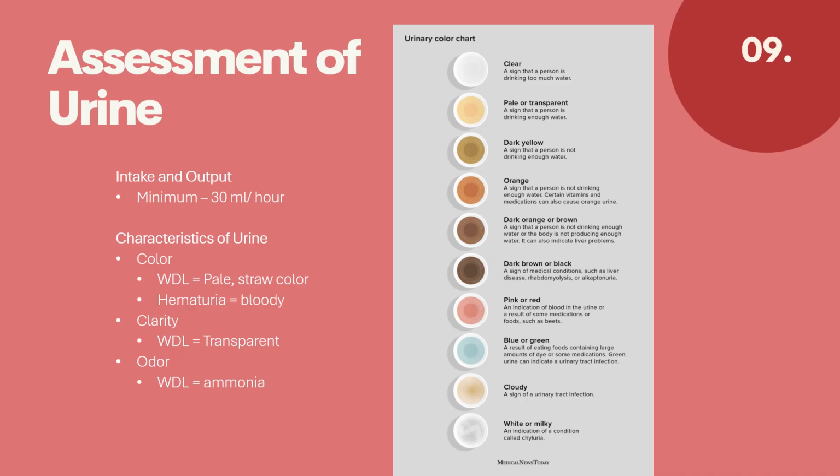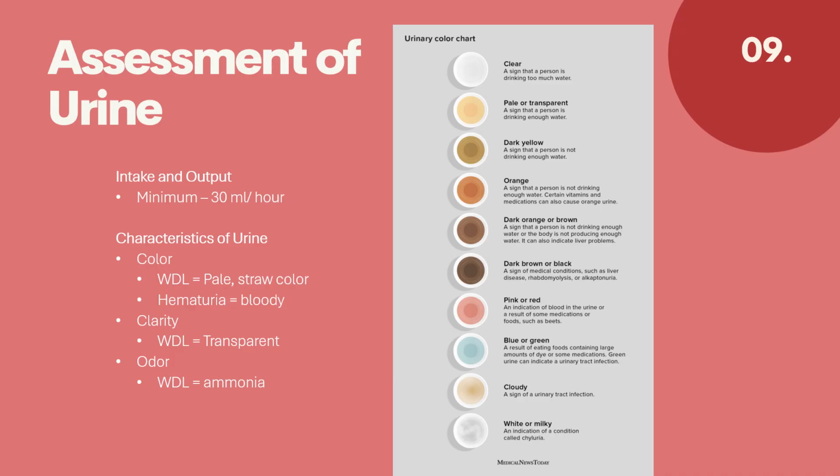Clarity, we're looking at that appearance. Is it clear or cloudy? Within normal limits, we want to see clear or maybe slightly cloudy. If you have an overly cloudy urine sample, it's indicative of infection, maybe some protein in their urine, some crystals, so there's something else going on.